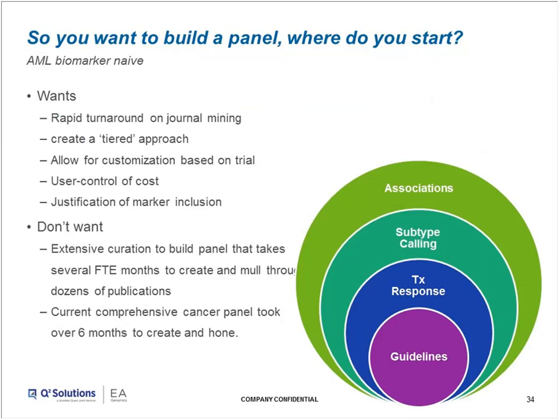And so when we want to build a panel and clients are coming to us for this, I give a highlight here of wants and don't wants. If the panel isn't known or vetted or a vendor hasn't already provided it for some reason, they want that to be turned around quickly.